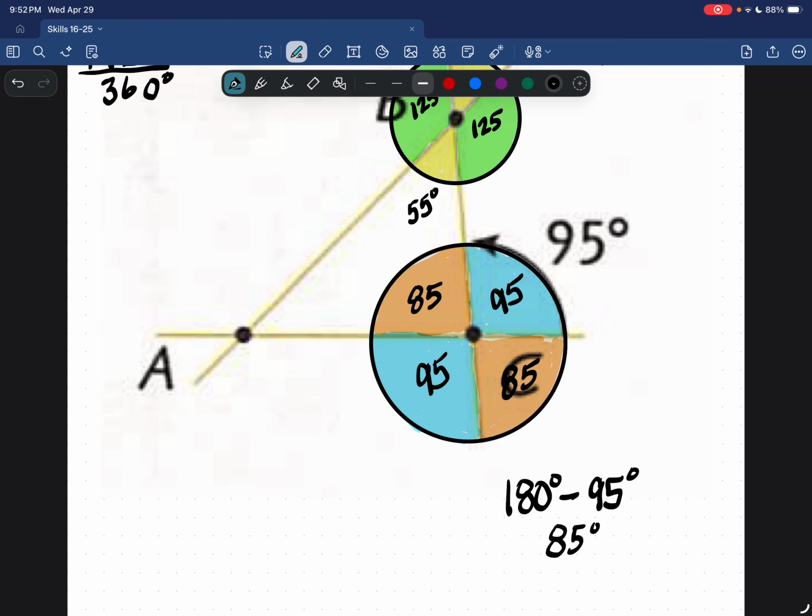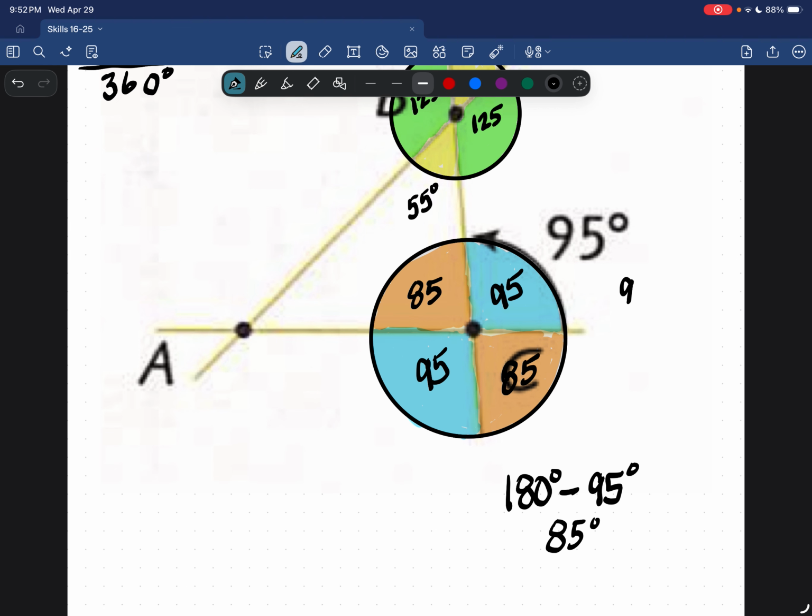And then 85 and 85 is, I'm sorry, what did I just say? 95 and 95 are not 190. Yes, it is. I'm sorry. It's 360 I'm building up to.